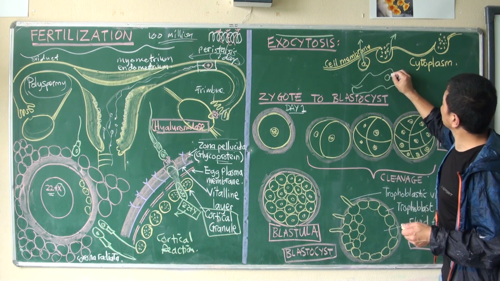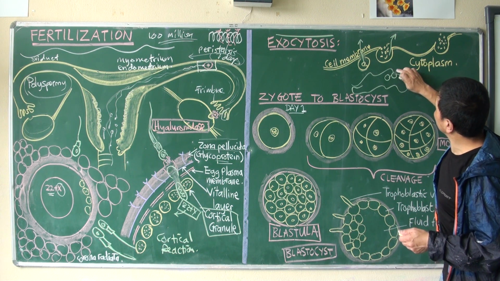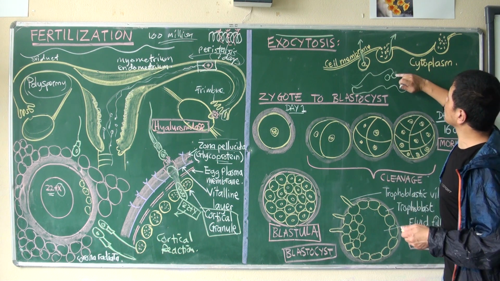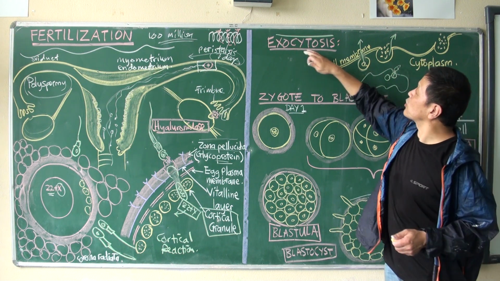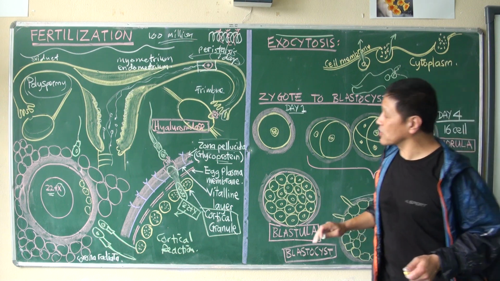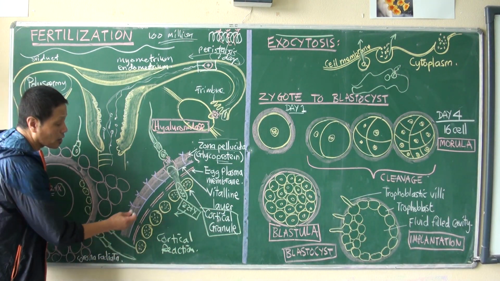The waste reaches the membrane, touches the membrane, and the membrane dissolves, and it helps release. So this is known as exocytosis. So exocytosis occurs here, and the cortical granules release their content.